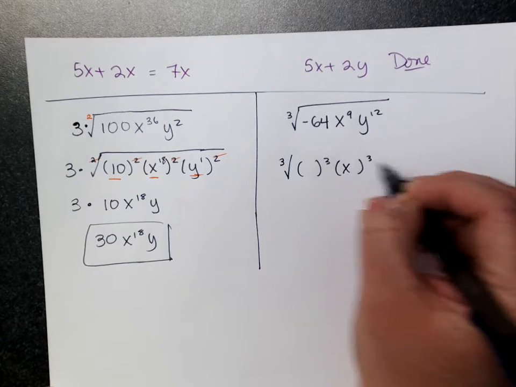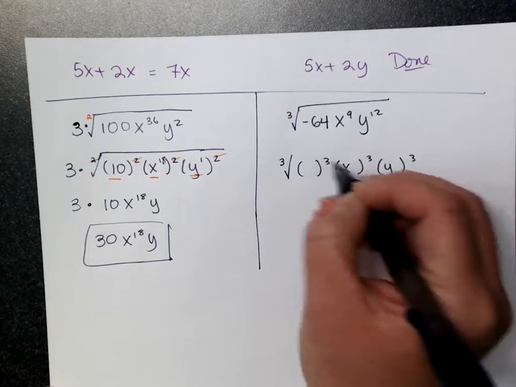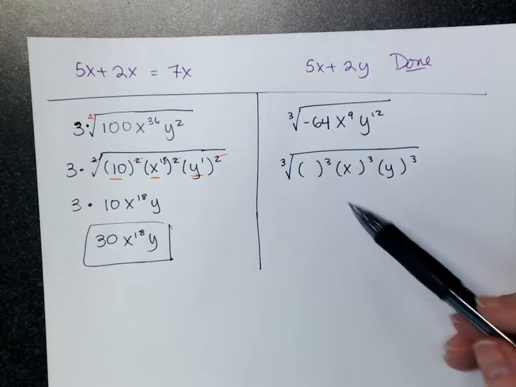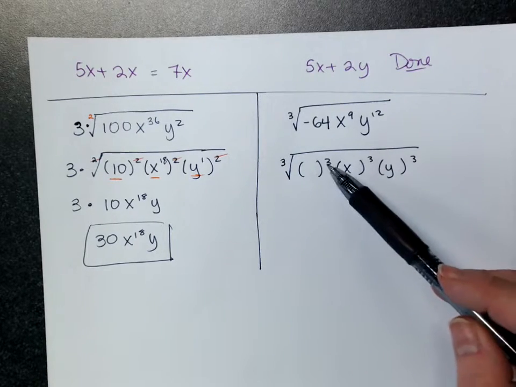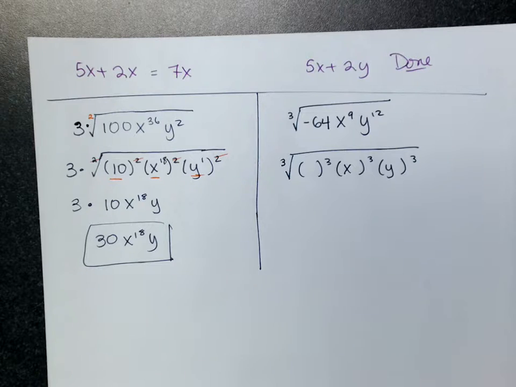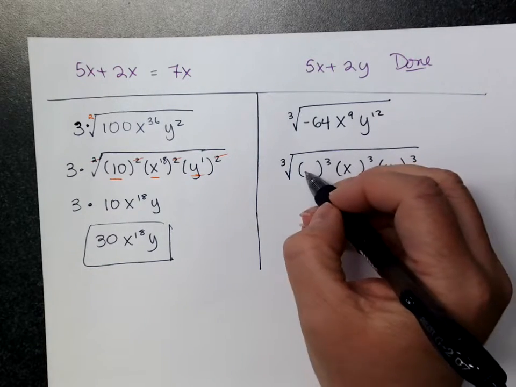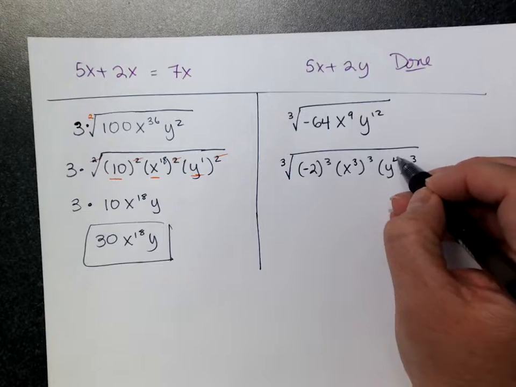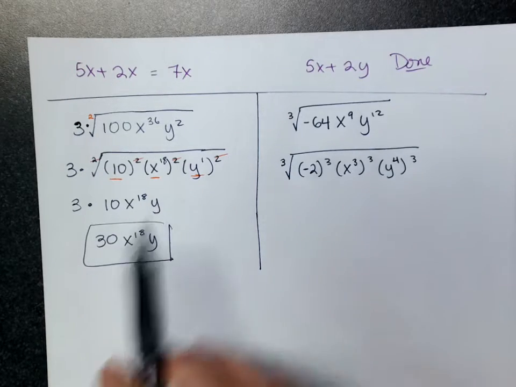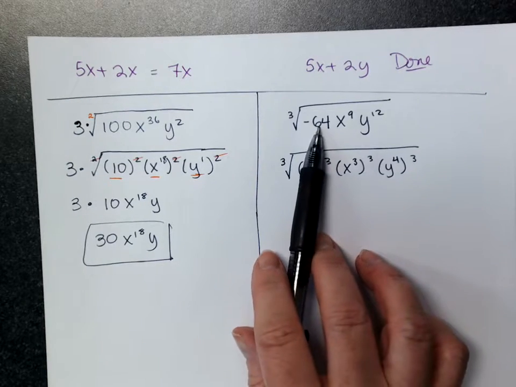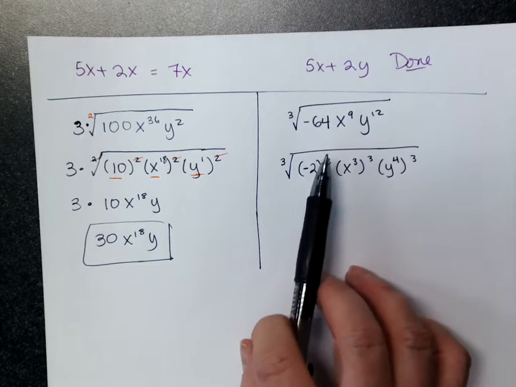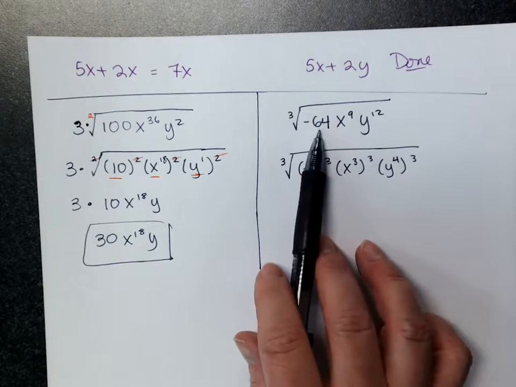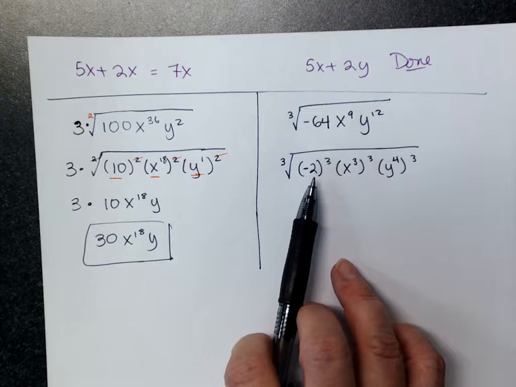All right, give each element its own house with a cube on the outside, and then make it true. Once you make it true, what's in the parentheses is your answer. Right, because if you've got a negative radicand, then for an odd index, a negative radicand gives you a negative base.